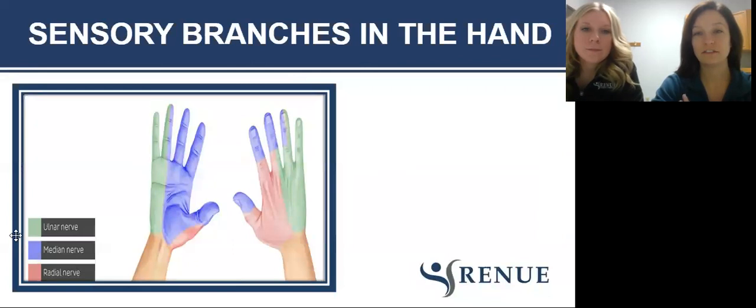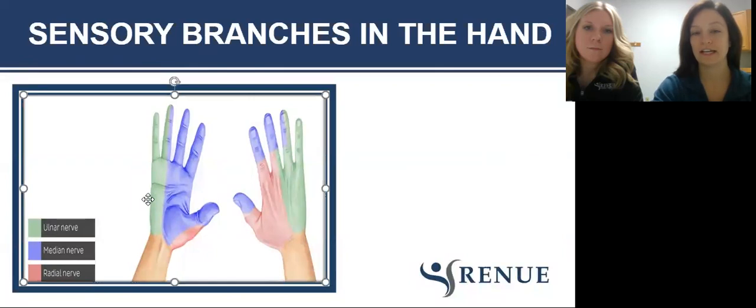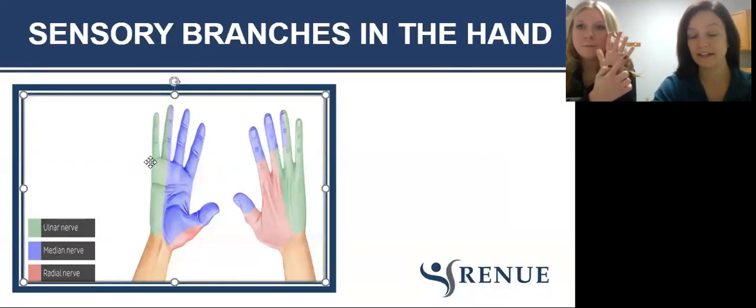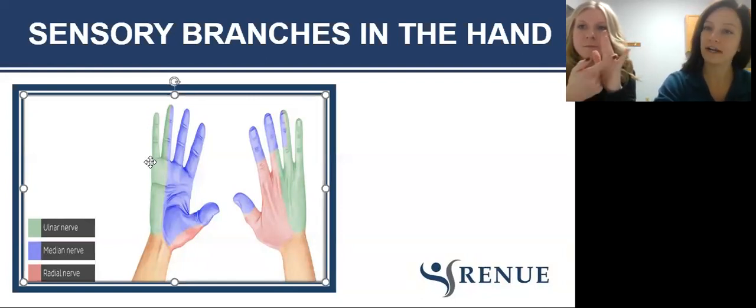So the nerve that we're talking about is your median nerve. You have 3 nerves that run through your hand. You have your ulnar nerve, which is in the green, and that controls the sensory input to your small finger, so your pinky, and half of your ring finger. Only half of it. So that's where people often get confused. They're like, oh, my whole ring finger's numb. But usually it's one half or the other.